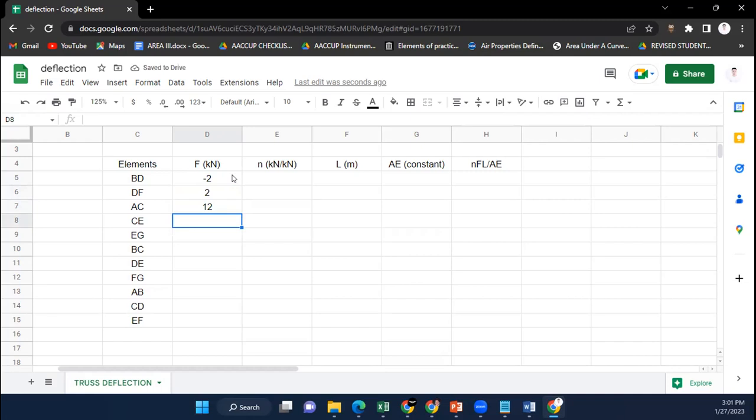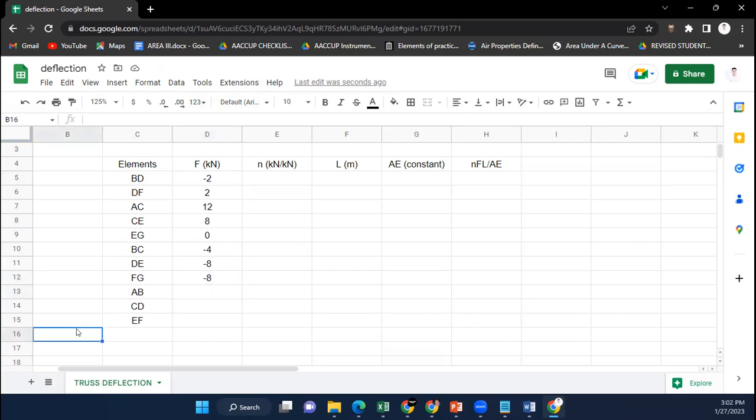CE, 8 kilonewton. EG, 0. BC is negative 4 kilonewton. DE is negative 8 kilonewton. FG is negative 8 kilonewton. Ating AB is negative 2 square root of 2 kilonewton.